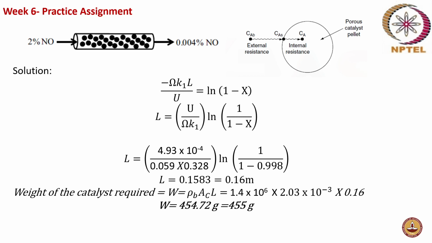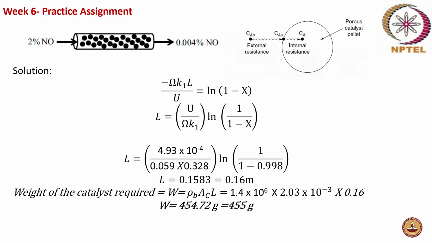And once we identify the mass transfer coefficient, your overall effectiveness factor, your internal effectiveness factor, Thiele modulus and everything, and substitute in the expression for conversion, as we already have the data on the conversion because they have given the exit concentration also, we can find out the quantity of catalyst required for that particular conversion, right?